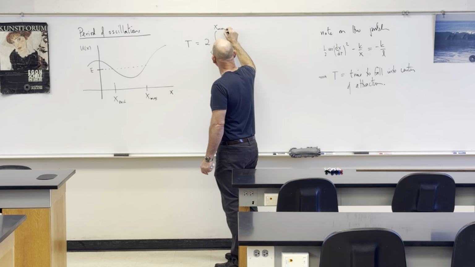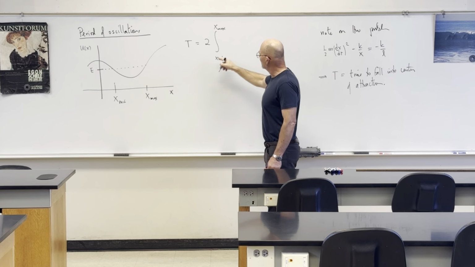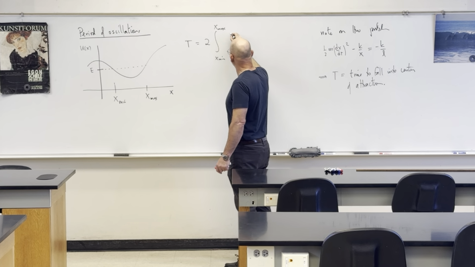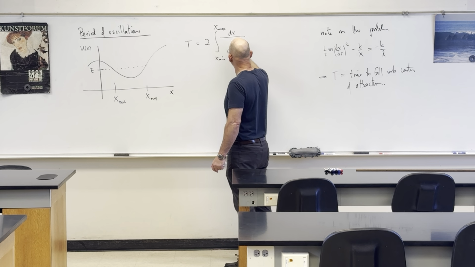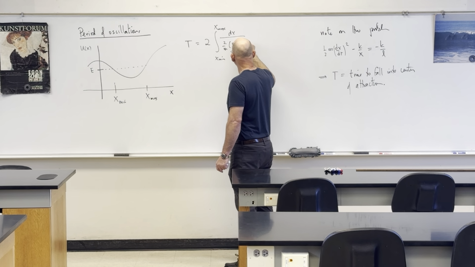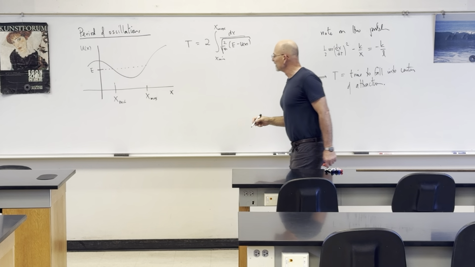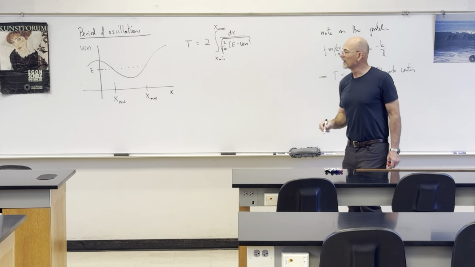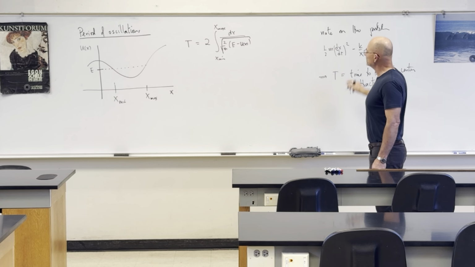I'm just modifying the one we had with the amplitudes. x min to x max dx square root of 2 over m times (E minus u of x), right? That's that expression that just comes from that quadrature here.